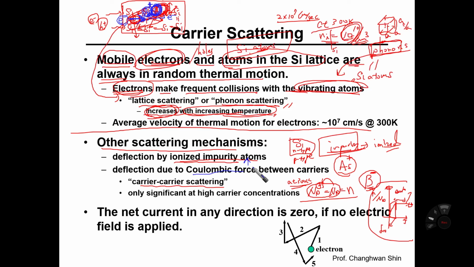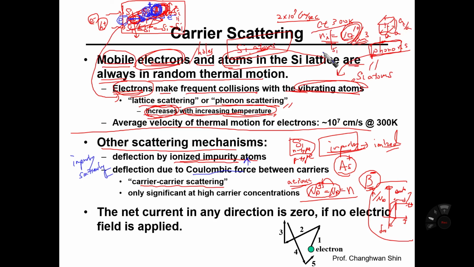Because of the Coulombic force between electrons or holes and the ionized impurity atom, the trace or direction of electrons or holes is modified, resulting in an unexpected collision. This type of collision is named ionized impurity scattering, or simply impurity scattering.